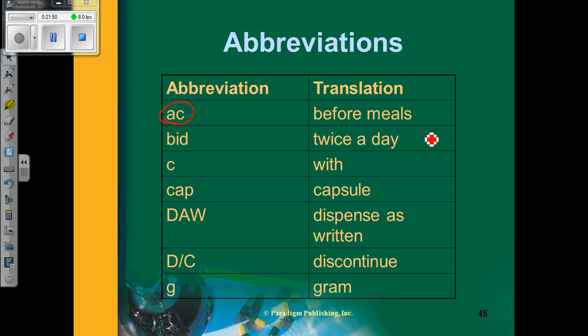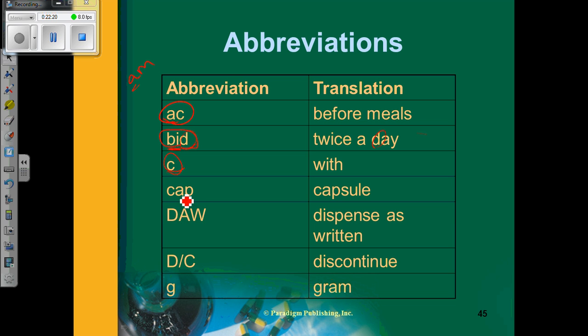AC means before meals, but if you think of AM is for morning, before your day starts is morning, so A, okay, before meals. BID, twice a day. Bi means twice, or if you think of bicycle, a bicycle has two wheels. So twice a day, and the D stands for day. C stands for with.